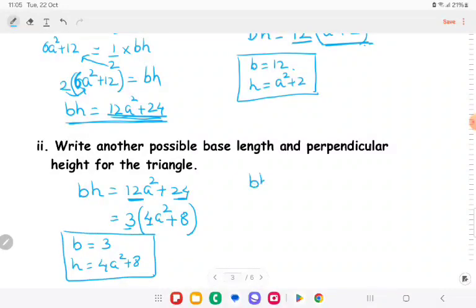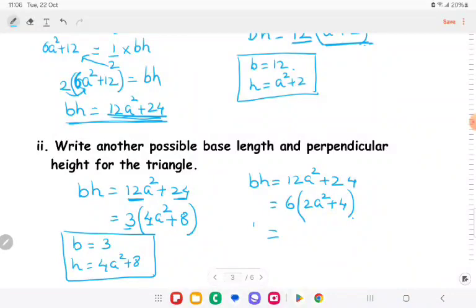If I do it with 6, I could have 6 on the outside, 2a square plus 4.